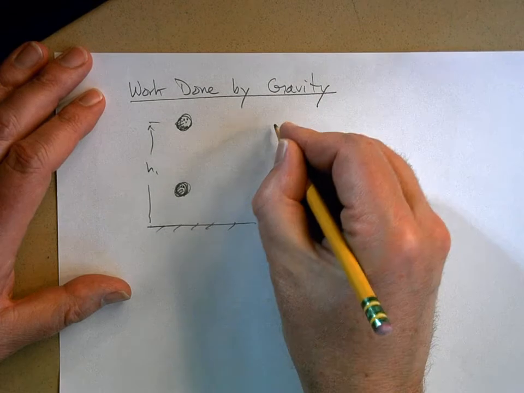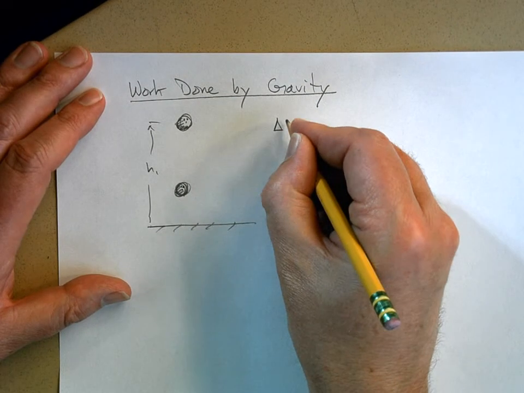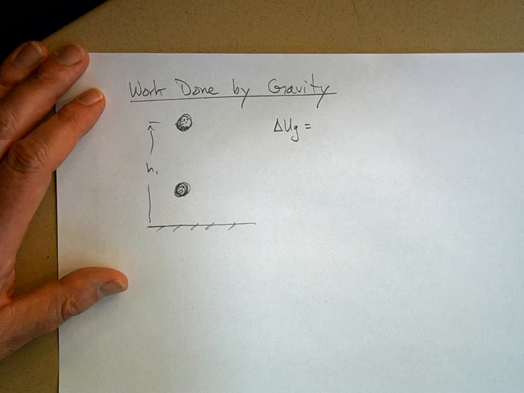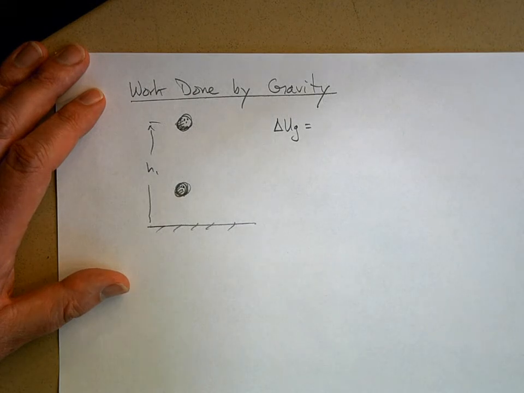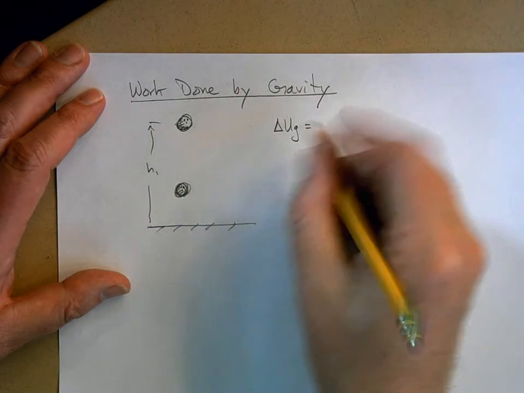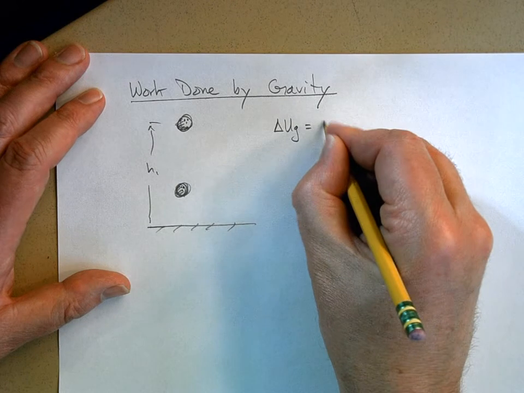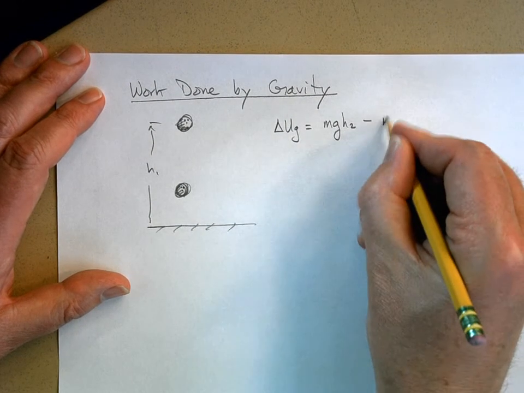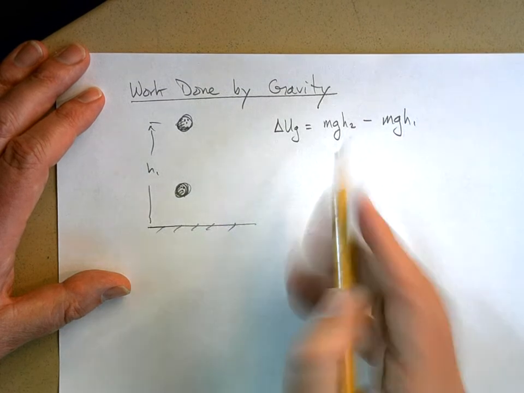Let's take a look at the change in gravitational potential energy. Okay, so well, it's mgh2 minus mgh1, right?